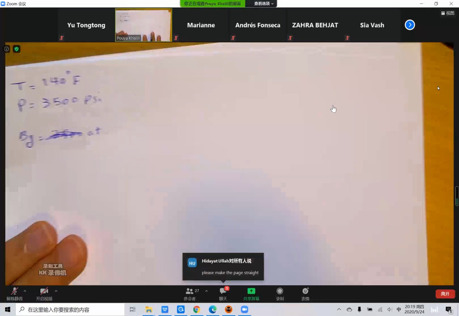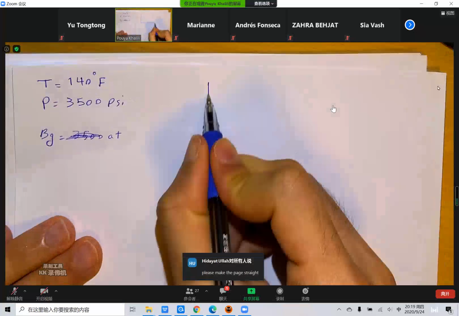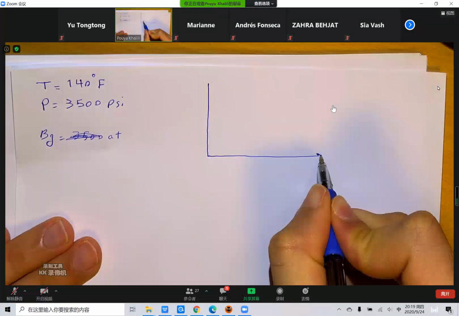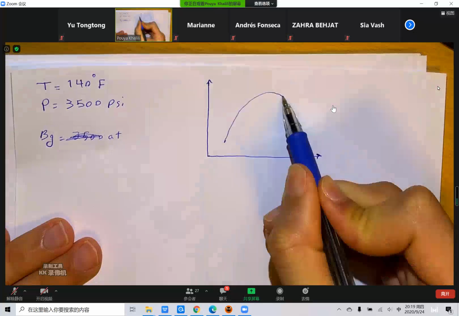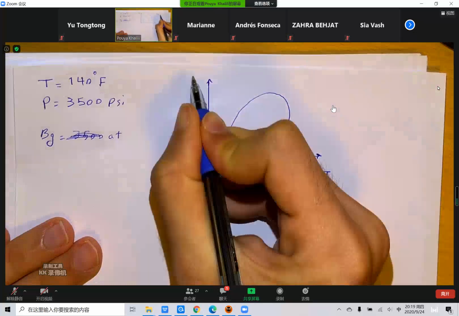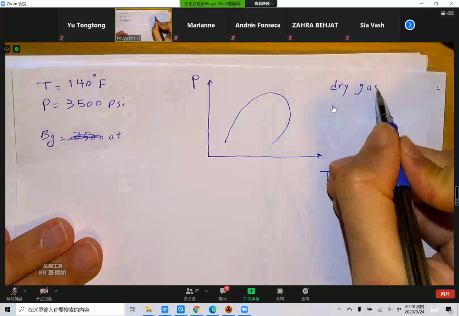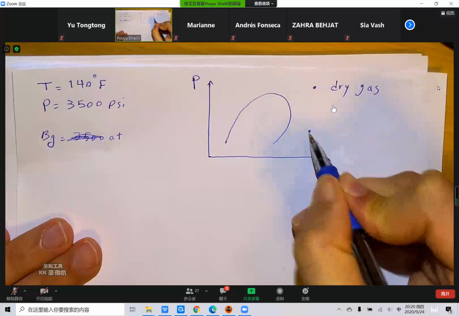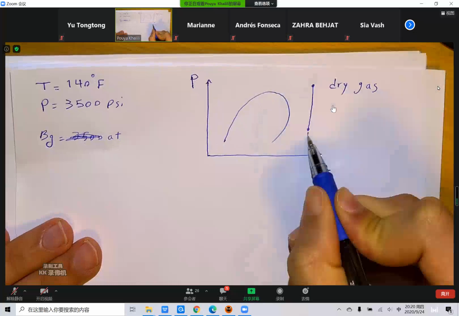So first, let me sketch the figure of the PVT diagram of the dry gas. As you can see, the phase envelope is like this. So for a dry gas reservoir, the reservoir is some kind of like this.